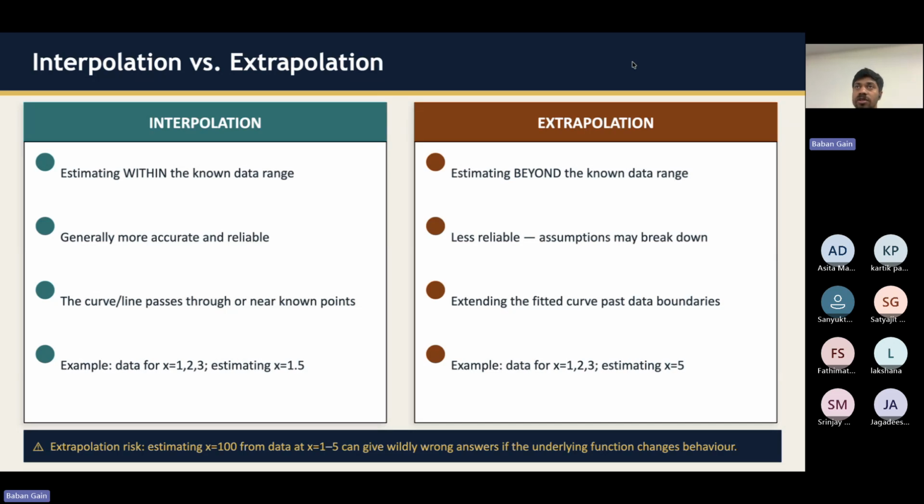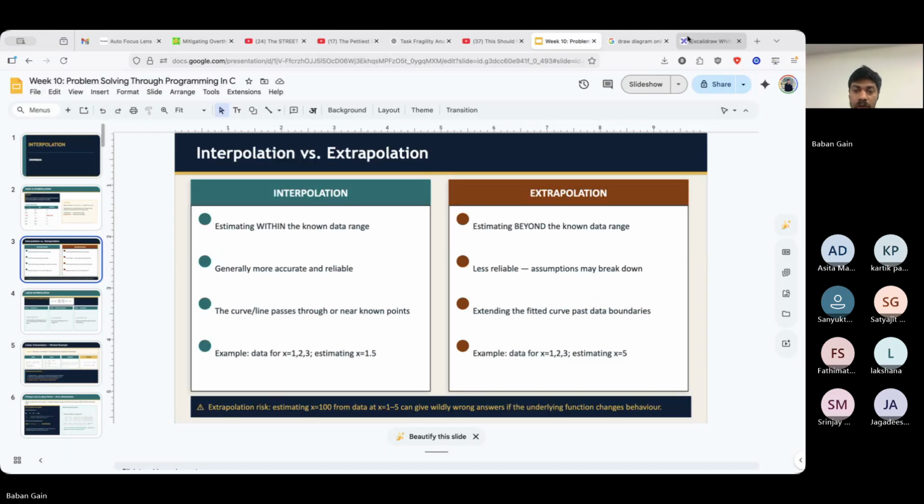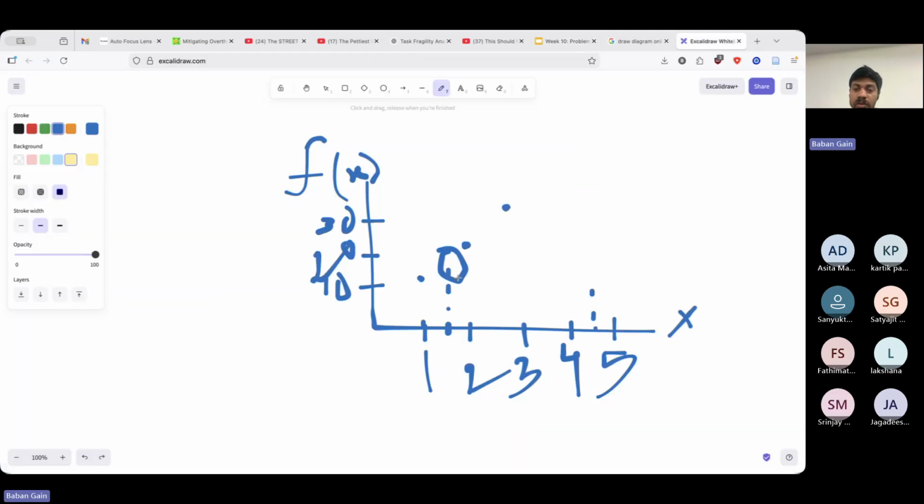Interpolation is reliable because, suppose this is a straight line, and you are predicting some value within that, there is a very low chance that something else will happen within this.